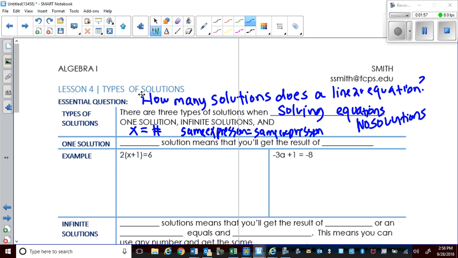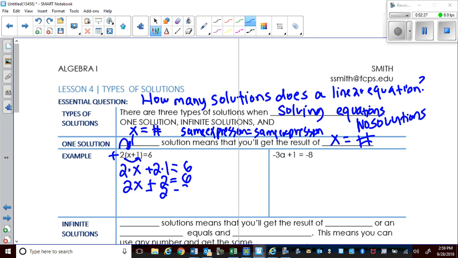So for one solution, we've already been experimenting with one solution. It means that you'll get the result of some variable equals some number. So when I'm distributing, I distribute 2 to the x, I get 2 times x plus 2 times 1 equals 6. 2 times x is 2x, plus 2 times 1 is 2, equals 6.